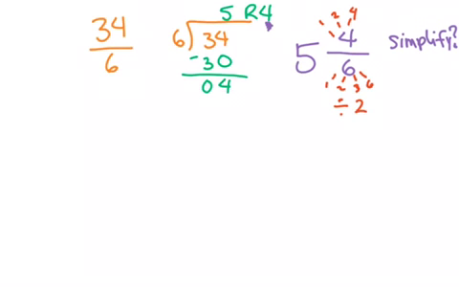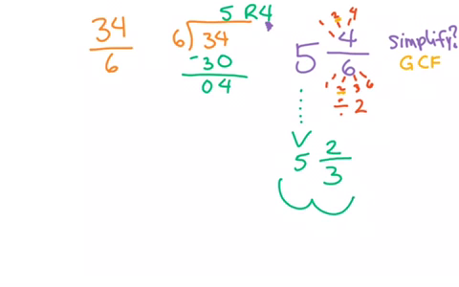There we go. Okay, a factor of 2, that's the greatest common factor. So we divide them by 2. So we still keep the 5. 5 stays the same. But then we divide the 4 by 2, which gives us 2. And the 6 by 2, which gives us 3. This is our final answer. All done.